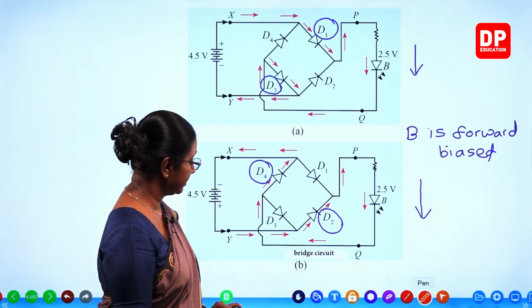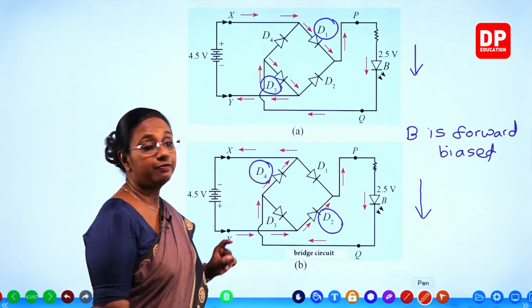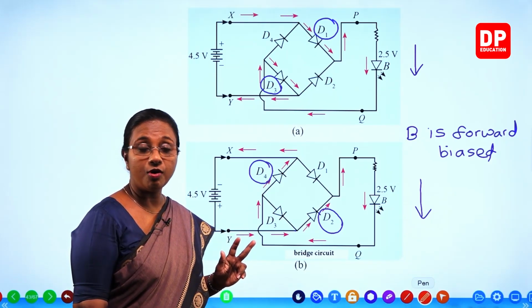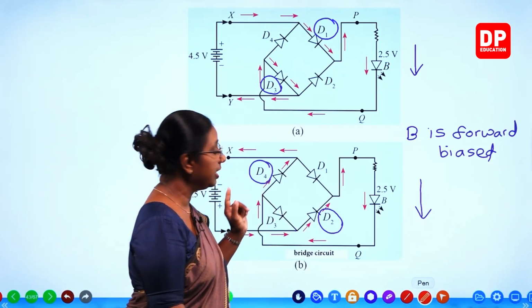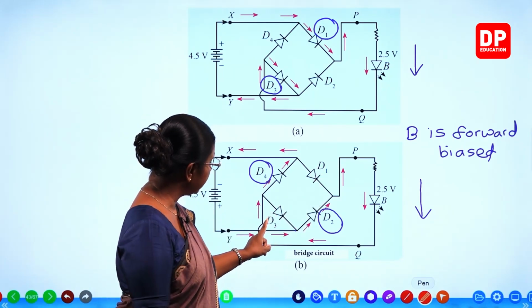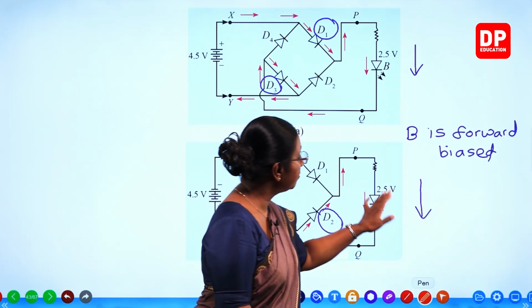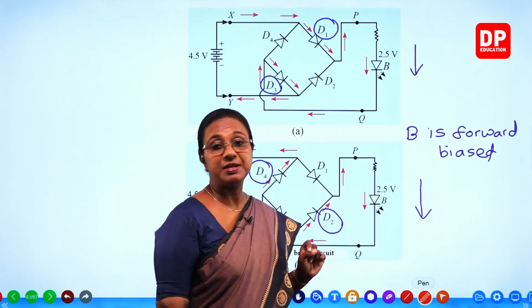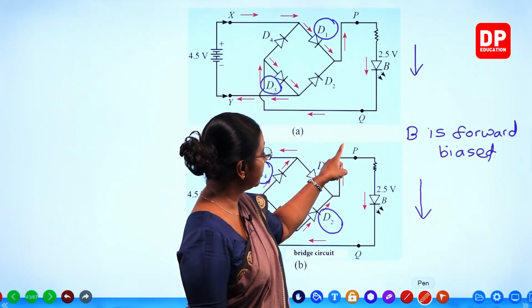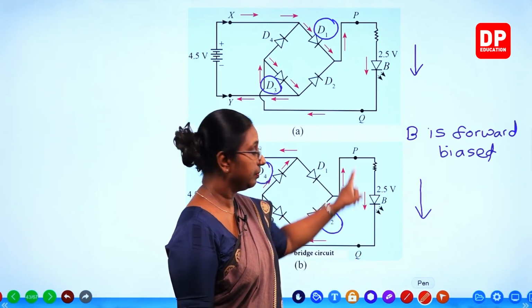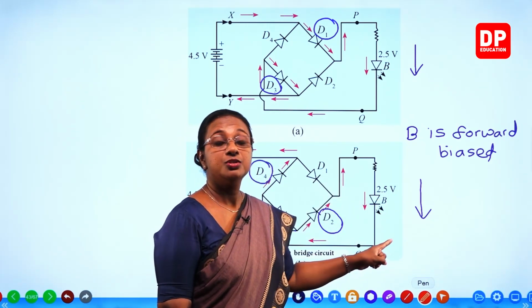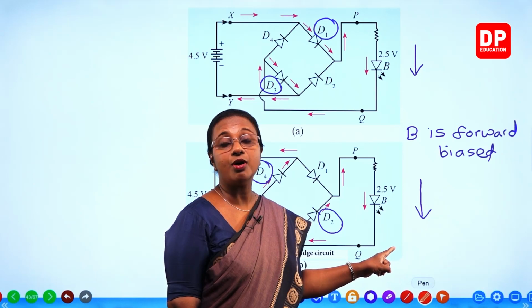Now in this instance, the two diodes that are forward biased are D2 and D4. But D1 and D3 are reverse biased. But again, if you look at this, the light emitting diode, the current flow is in the PQ direction. So still the LED is forward biased.